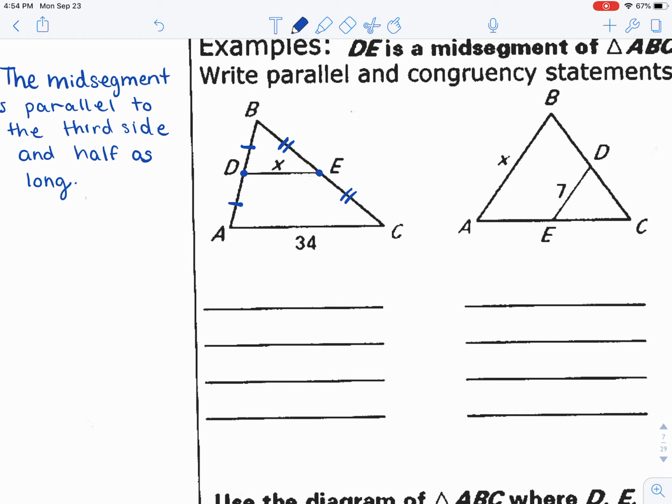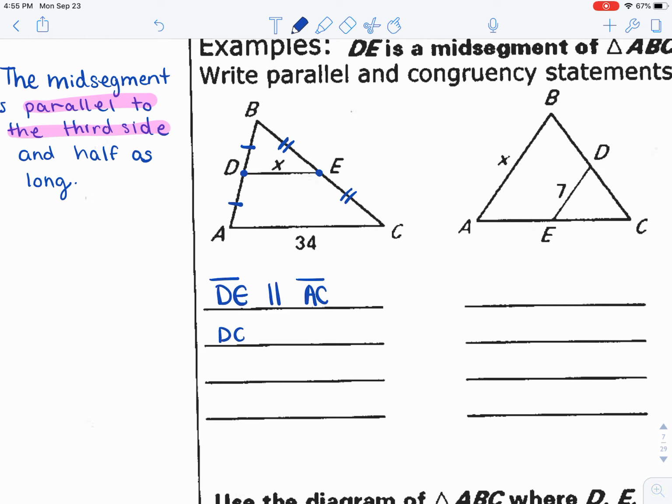So all we've done thus far is just interpret the definition of a midsegment. Now let's apply this theorem. It's parallel to the third side. So DE, that midsegment, is parallel to AC, the third side. Also, it's half as long.